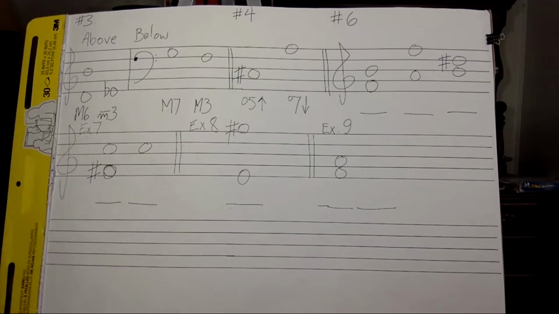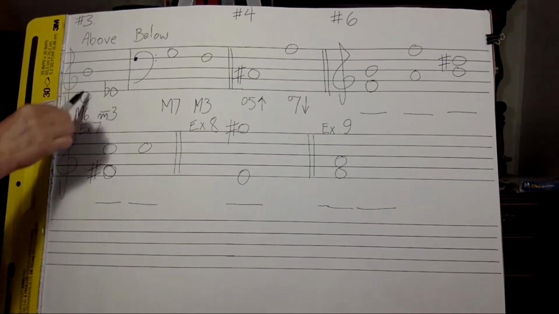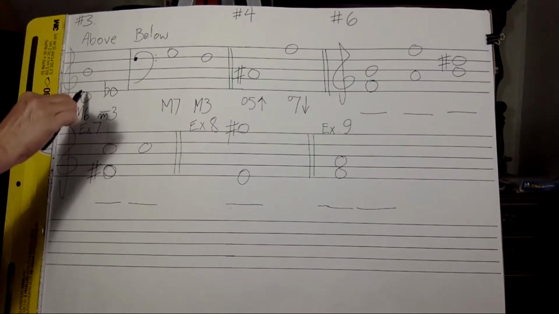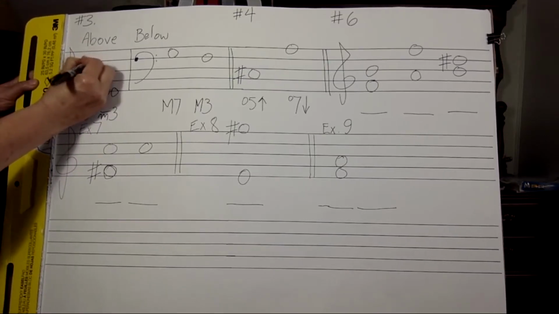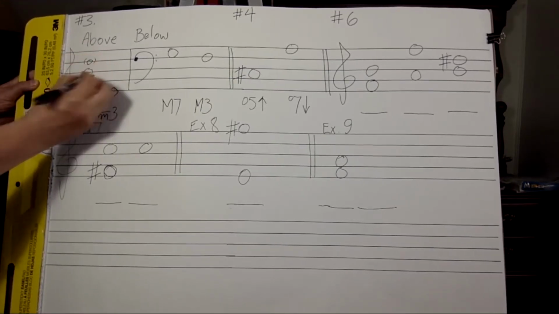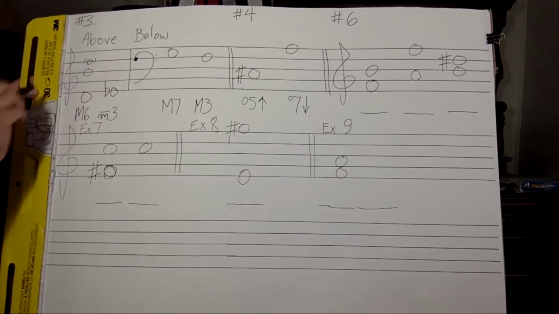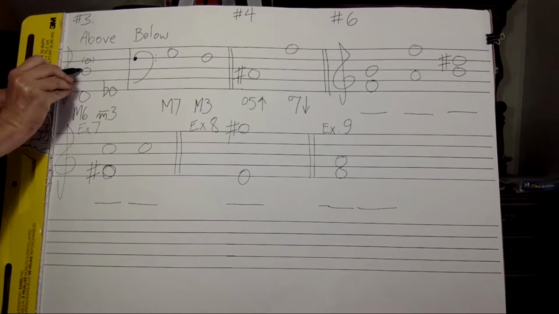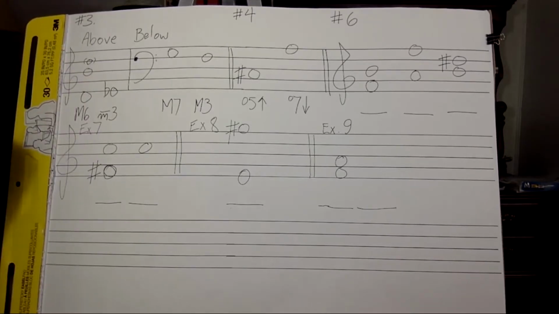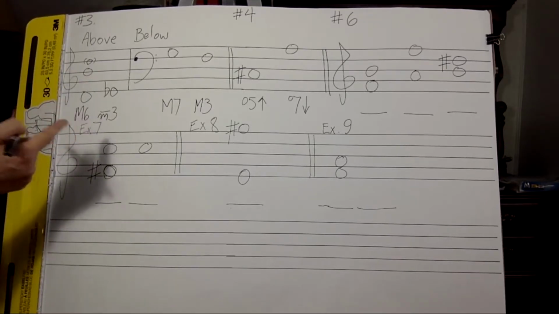The second technique that I showed you in the previous video was that you could invert the interval. Don't think about the 6th from D up to B. Think about the 3rd from D down to B. This is a minor 3rd, it's a step and a half, and the inversion of a minor 3rd is a major 6th.